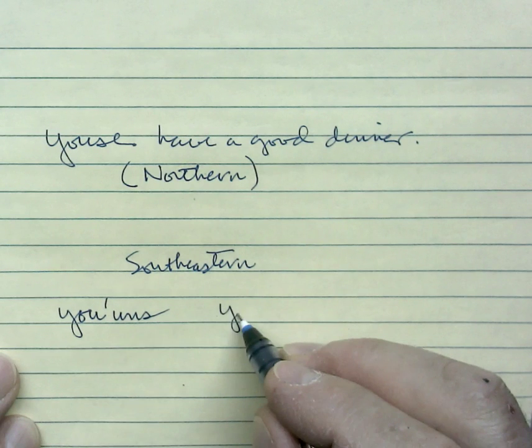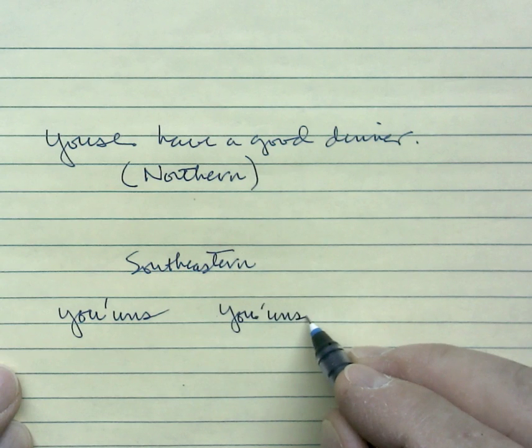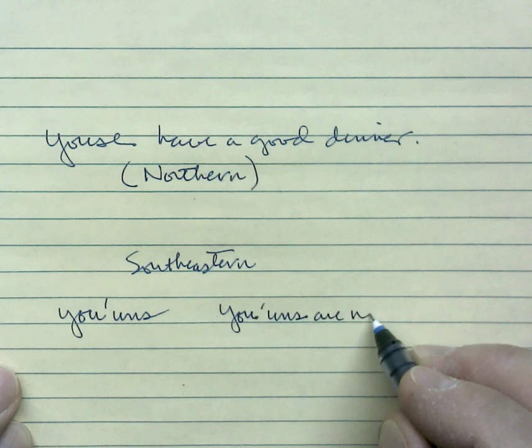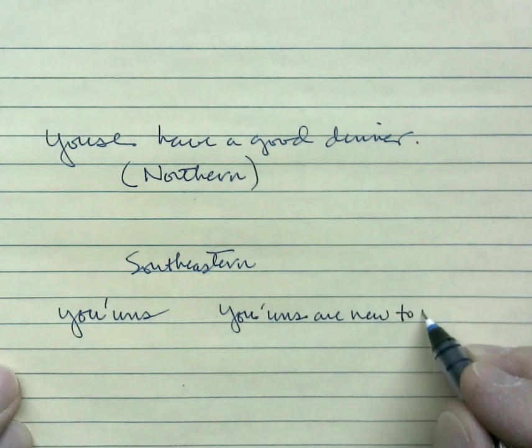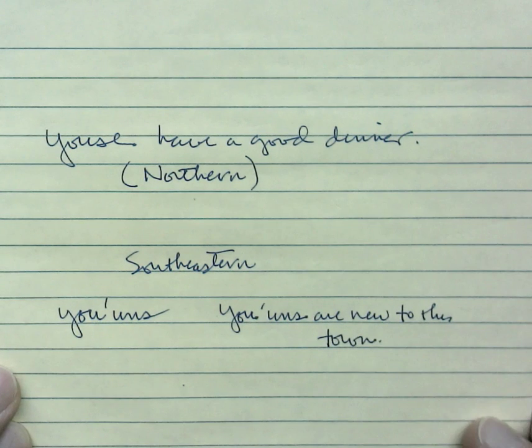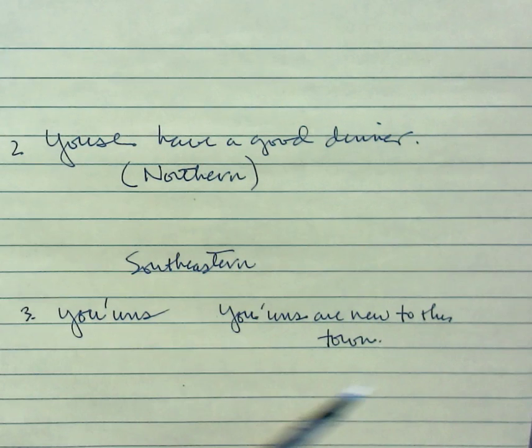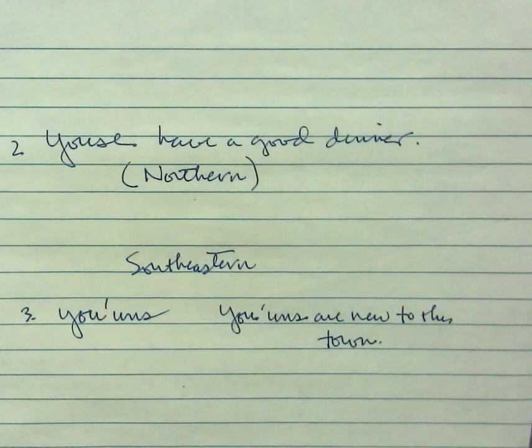Maybe somebody would greet your family, they'd say, you-uns are new to this town. So there's three different plural forms of you depending on which vernacular you're looking at.